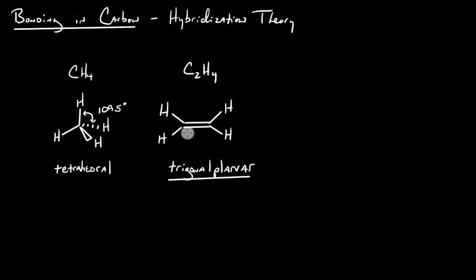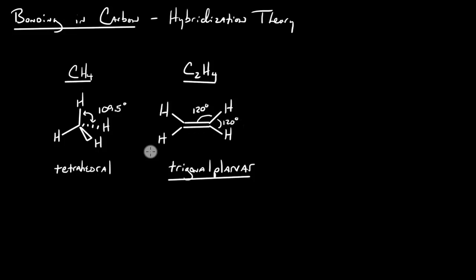There's a certain angle that you need to remember for this type of orientation and bonding as well. If we measure the angle between this carbon and this hydrogen, it's 120 degrees, and another 120 degrees between this hydrogen and this hydrogen. These angles are very well known, and it would do you well to remember these for later on.